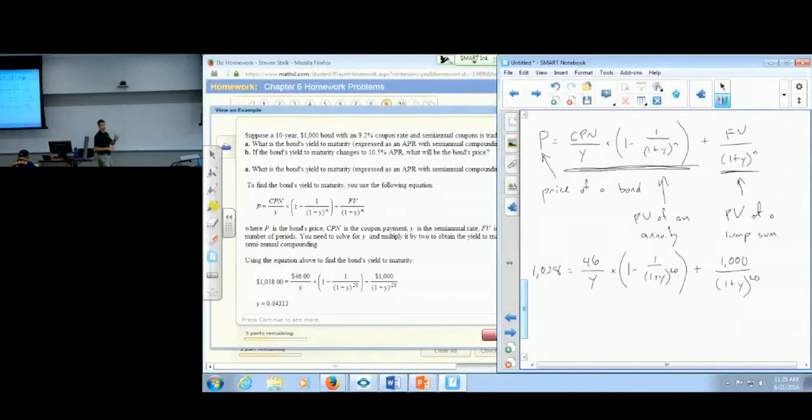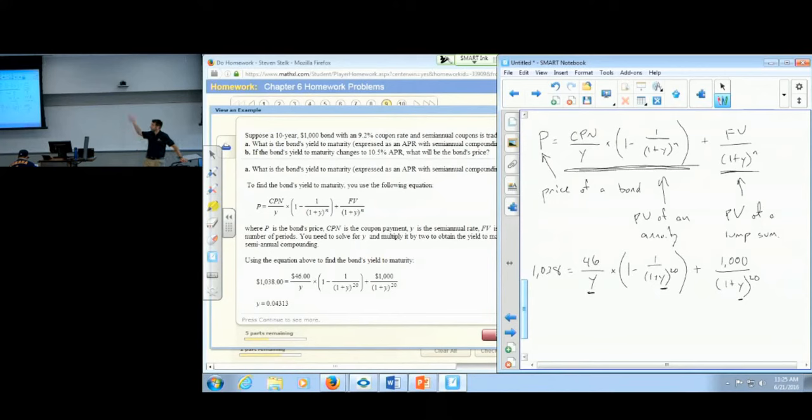Here's the thing. We've got a y to the 1 right here. We've got a 1 plus y to the 20 here, and a 1 plus y to the 20 right here. Once we get over about an exponent of 4, we can't solve this anymore. There's no algebraic manipulation that's going to let you solve for y. You can't do it. The only thing you can do is what we call iterate.